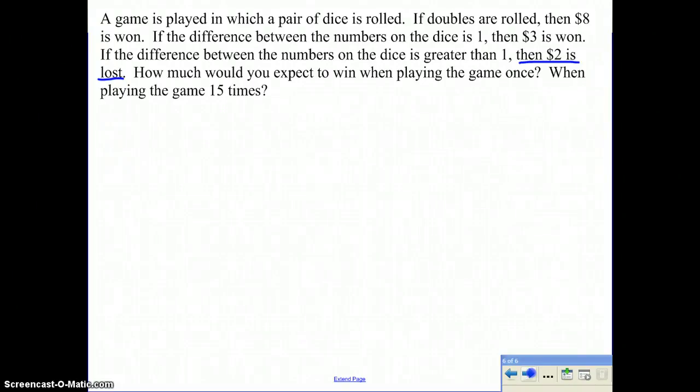So each time, take the probability of that outcome times the gain or loss for that outcome, plus the probability of the next outcome times its gain or loss, so forth and so on, and get a total. Do it first just to find the expected outcome for playing the game once, and then the expected outcome for playing the game 15 times. Go ahead and do that right now on your own. Try it for a few minutes, and then check your results with one another.